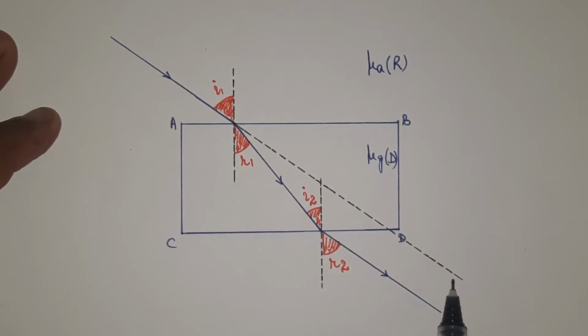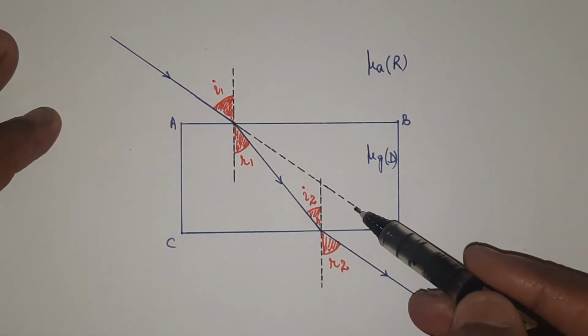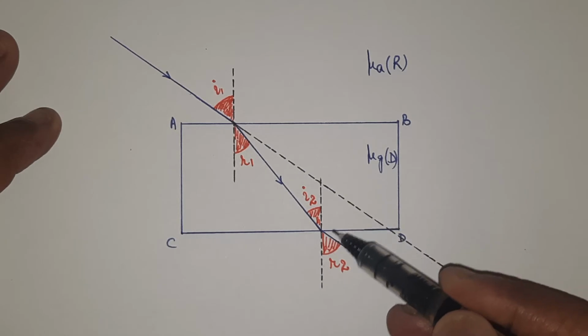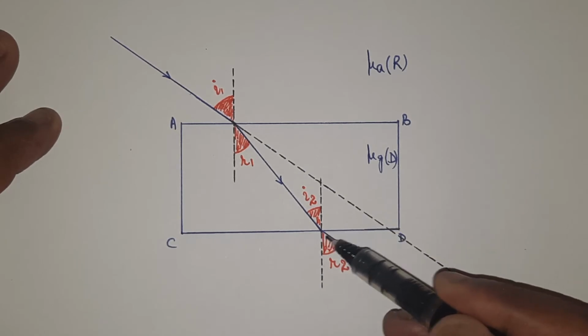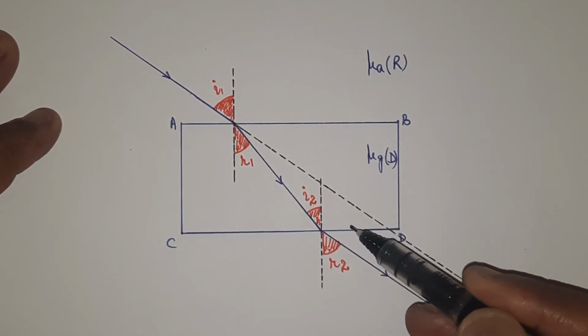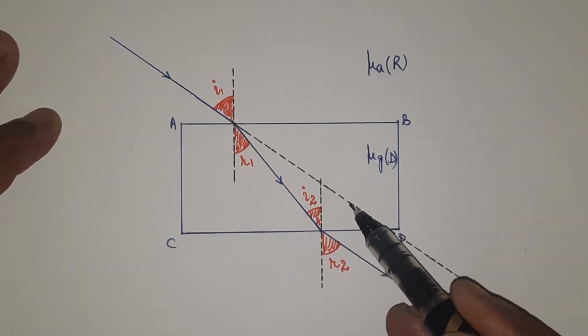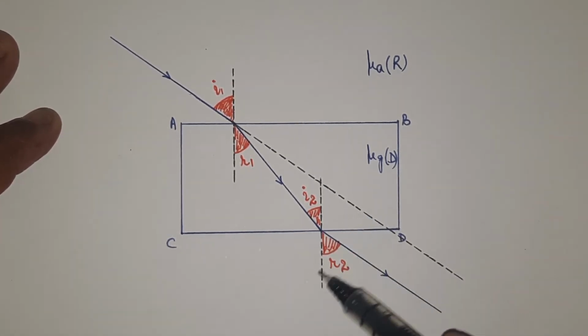The ray is not deviating, it is displacing from its actual path. This was the actual path, and the ray has been displaced to here. If I mark in this diagram how much the lateral displacement is, the ray has displaced laterally.